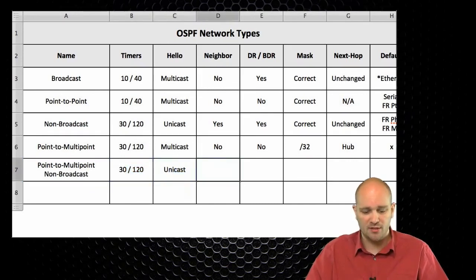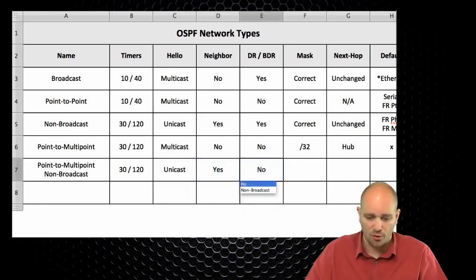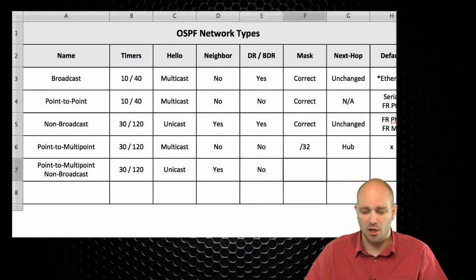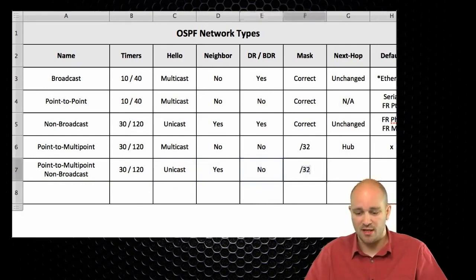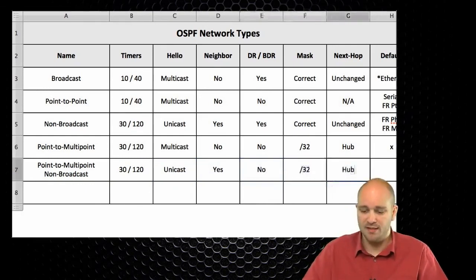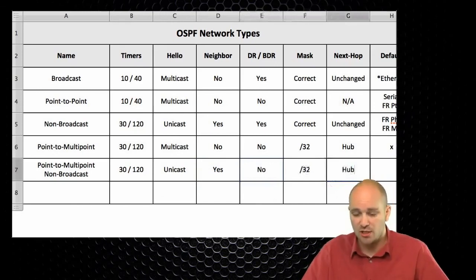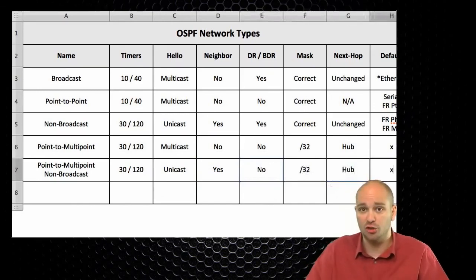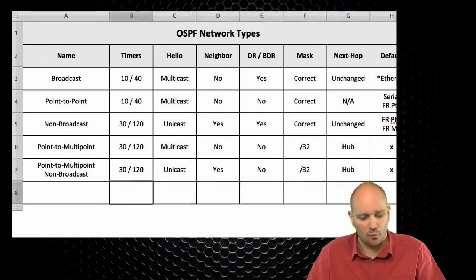Because it's non-broadcast, we are going to be sending unicast hellos, which means we need a neighbor statement. There is no DR, BDR election. /32 gets advertised. The next hop is the hub, which means it gets changed when advertised, and this is not the default on any of the interface types. So as you can see, very, very easy and straightforward.